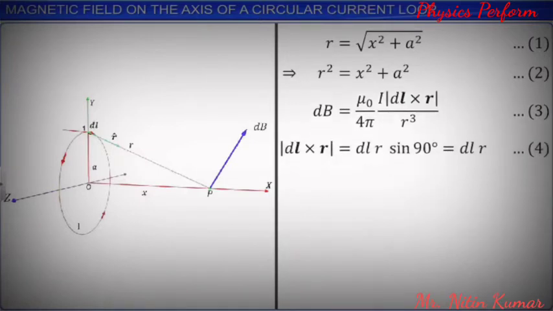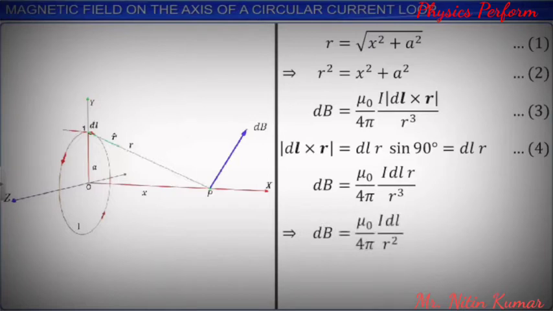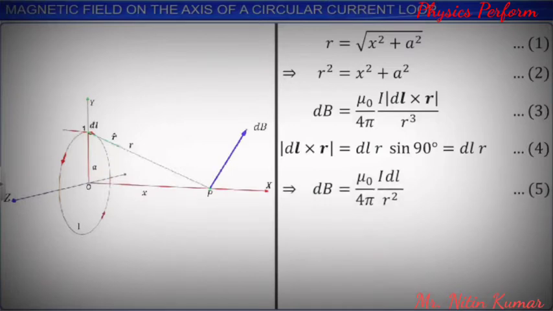We now replace the modulus of dl cross r with dlr in equation 3. On simplifying the expression, we get the magnetic induction due to the small element of the loop as dB is equal to mu naught by 4 pi into I dl by r square. Let this be equation 5. We had already established that r square is equal to x square plus a square.